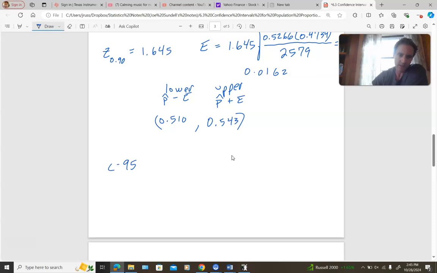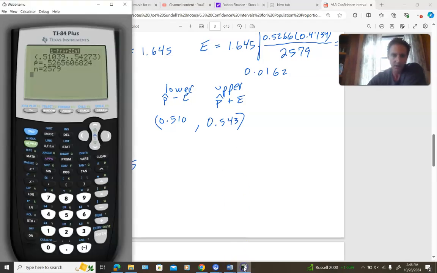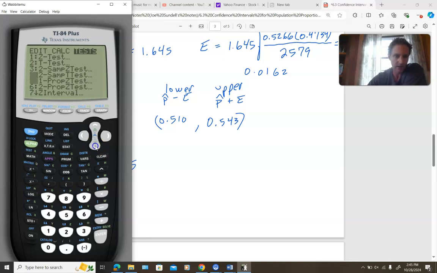All right, so what about the confidence interval when C is 95%? Let me go back here to stat, go to tests, and one proportion z interval. I've already got X and N in there, and I'm just going to change my confidence level to 95.